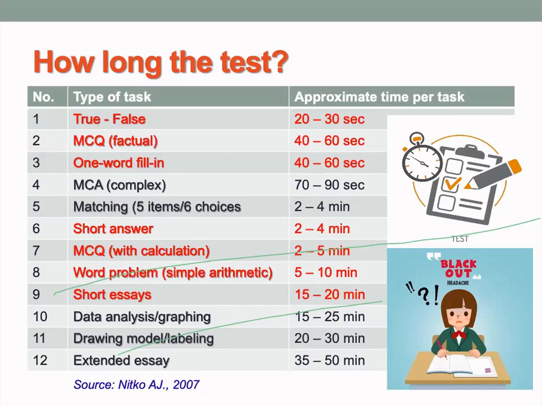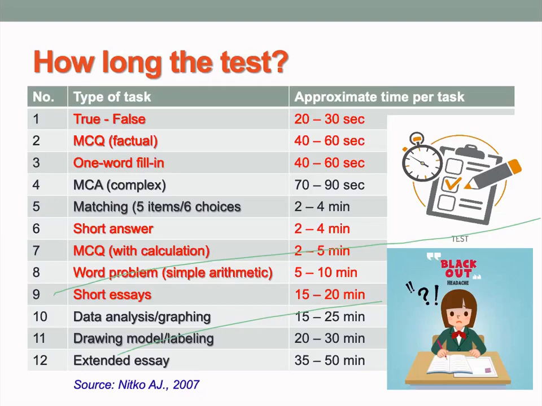One word fill in the blank can also take up to 1 minute. MCQ complex can be 90 seconds or 1.5 minutes. Matching 5 items can be up to 5 minutes. Short answer can be 4 minutes.